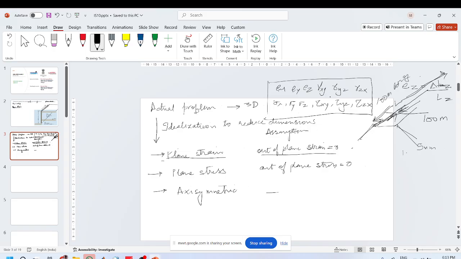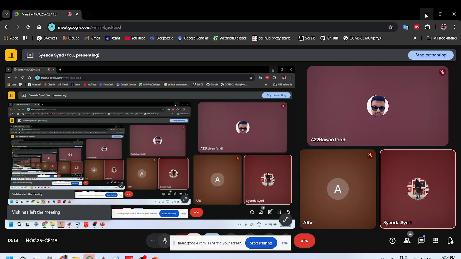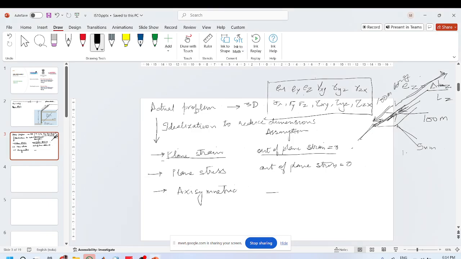So we assume that in plane strain condition, out of plane strain is 0. Because they are related through your stiffness matrix, these two just go away, and these two go away; anything with z goes away.